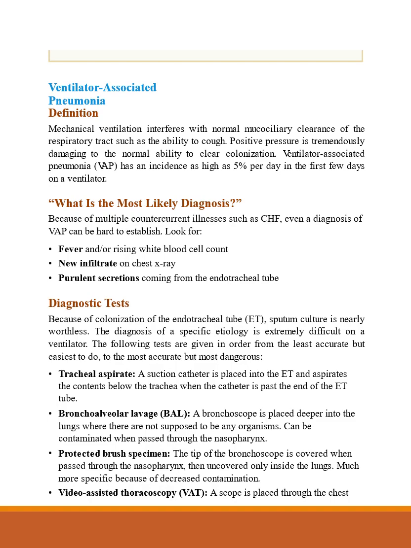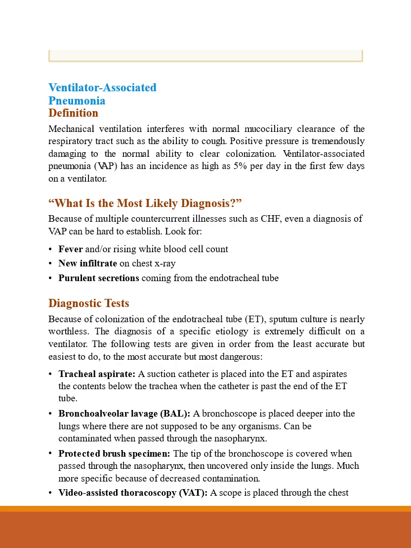As for the diagnostic tests for VAP, because of colonization of the endotracheal tube, ET sputum culture is nearly useless. The diagnosis of specific etiology is extremely difficult on a ventilator.